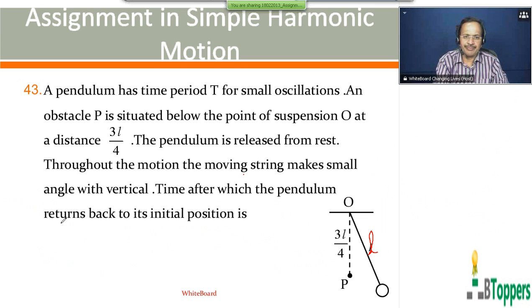Find the time after which the pendulum returns to its initial position. The time period for the original simple pendulum is denoted by T, that is 2π√(l/g).